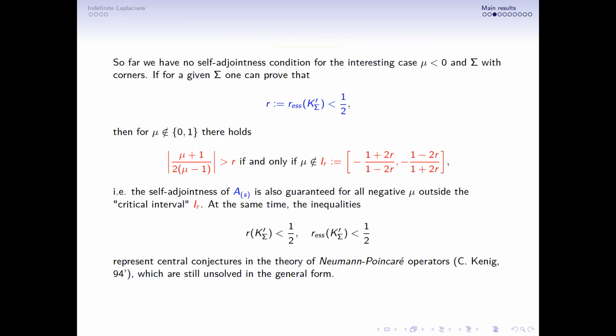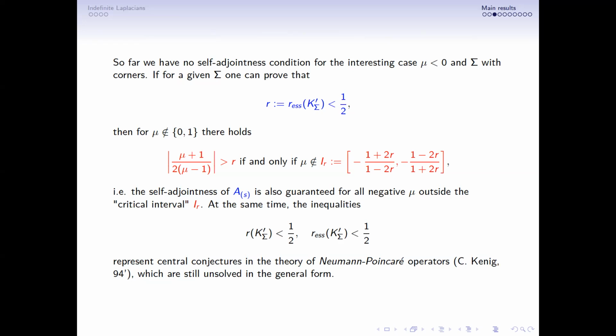If we take R, which is the radius of the essential spectrum, and suppose that this is strictly smaller than 1/2, then we can show that this relation is bigger than R, that is, this condition is satisfied if and only if mu is not in this kind of critical interval. So under this assumption, our operator A_s will be self-adjoint for mu which are not in this interval.